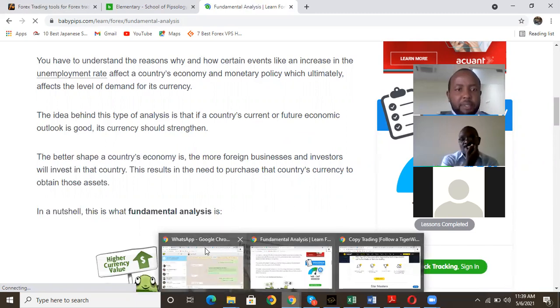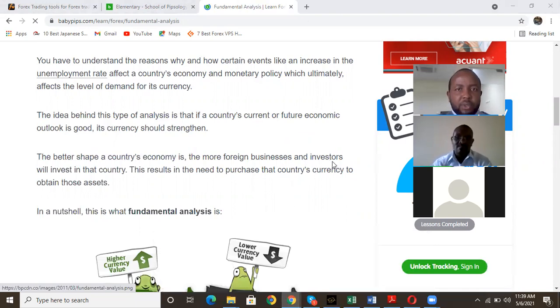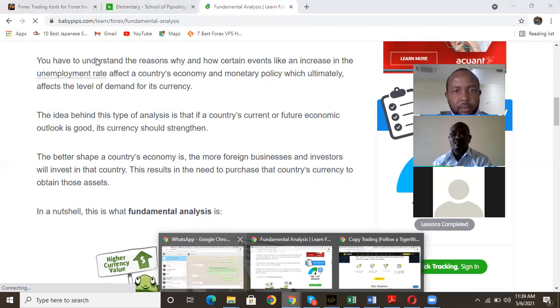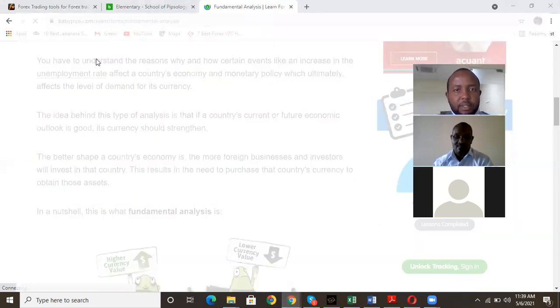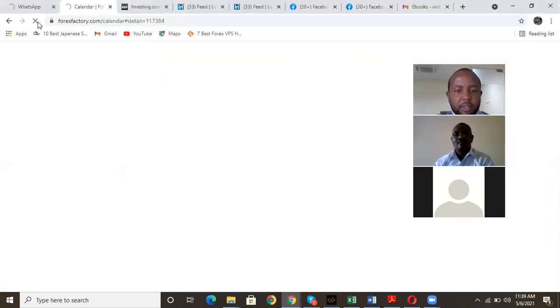Let me go to what is happening this week, tomorrow especially. Every month you have to gauge how many people were employed in the previous month. Let's have a look at this. On this calendar, or you can also use Investing, but for now let me use Forex Factory.